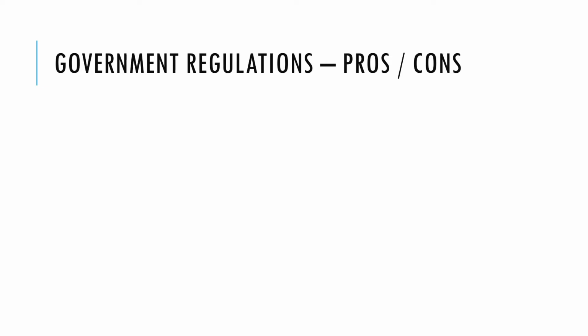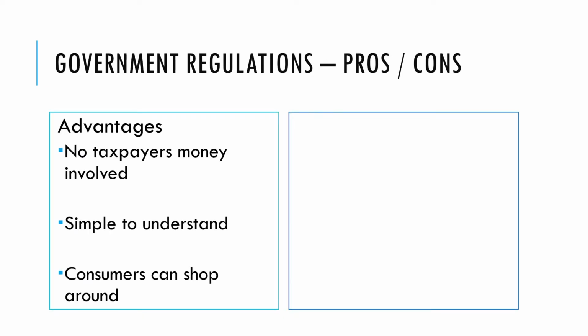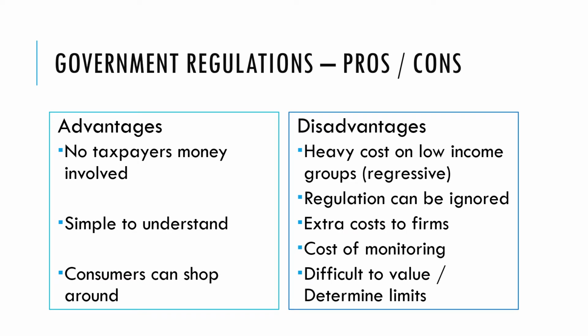What are the advantages and disadvantages of government regulations? Some of the advantages: typically if it's just a law that is passed, it doesn't require taxpayers' money. It's very simple to understand. This is the law, and to a certain extent consumers can still shop around. Some disadvantages: often by forcing you to buy something, it can have a cost, particularly negatively on low-income groups.